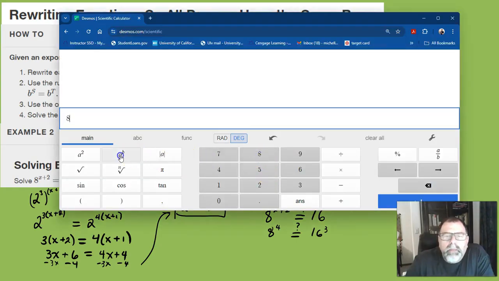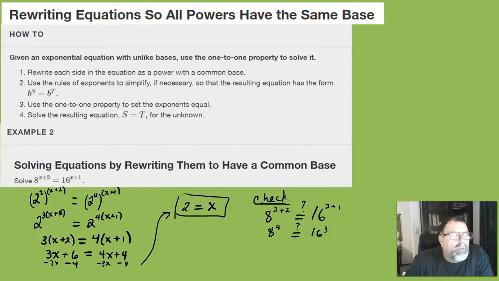Okay, so 8 to the 4th equals 4096, and 16 to the 3rd is 4096. So you can see both sides are equal, so it checks out. 4096 on both sides, check.